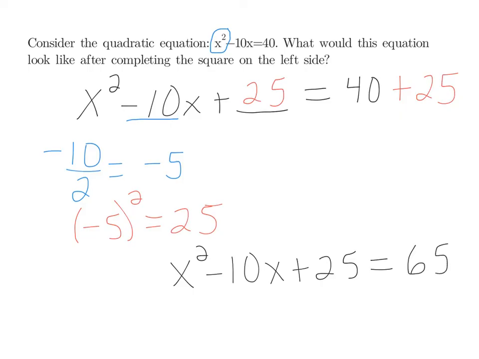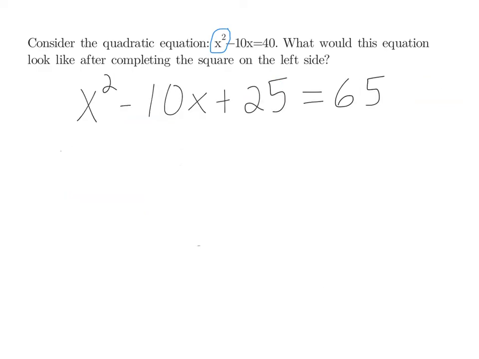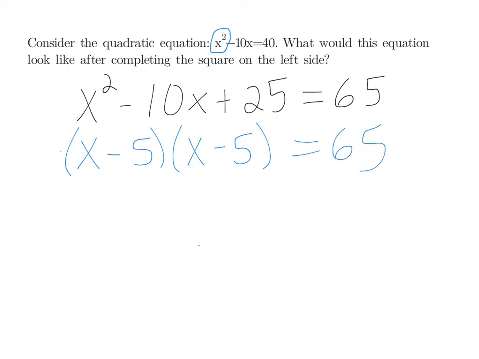So now let's go ahead and factor the left side of the equation. When I factor the left side, I get x minus 5 times x minus 5 equals 65. And since I have two of the same factors, I can rewrite it as x minus 5 squared equals 65.